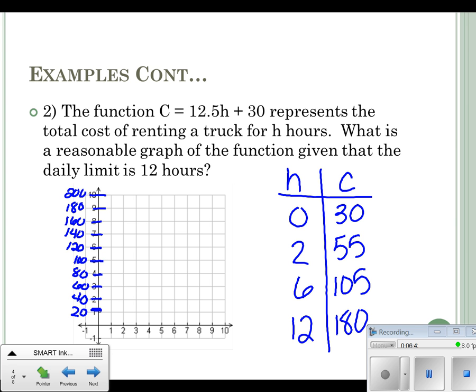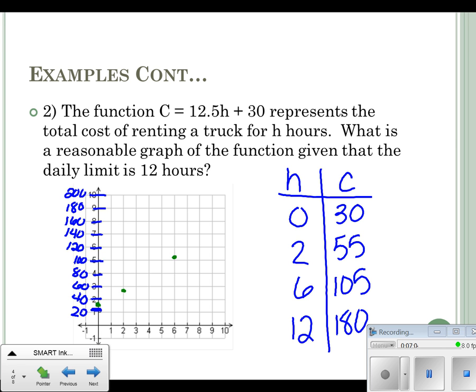And then we're going to plot our points. So for 0 hours, your cost is 30. That's your initial payment. For 2 hours, we know it's at 55, which is right about there. 6 hours, we figured it was 105.